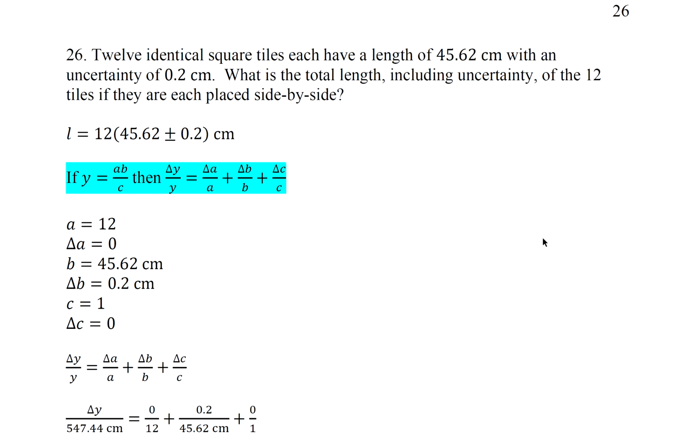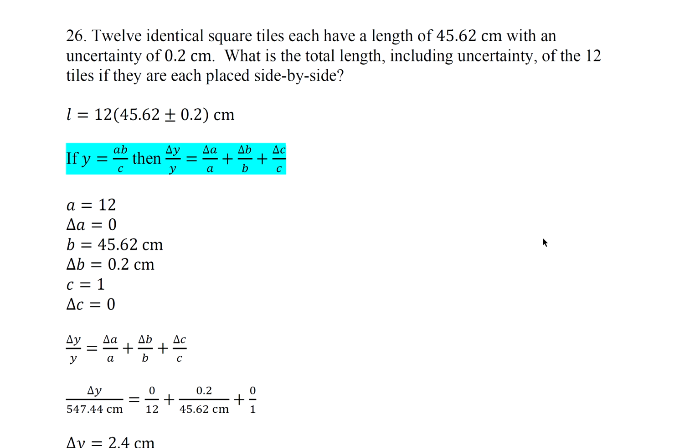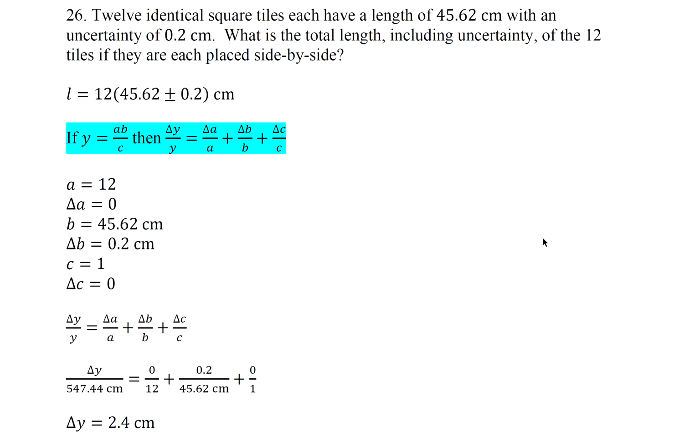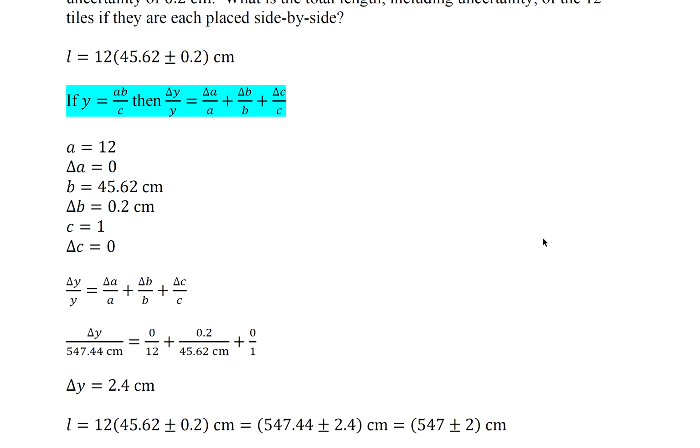We notice that we are multiplying. So 12 has an uncertainty of 0. Essentially we're just doing 12 times 45.62 to solve for y, and then we solve for delta y.